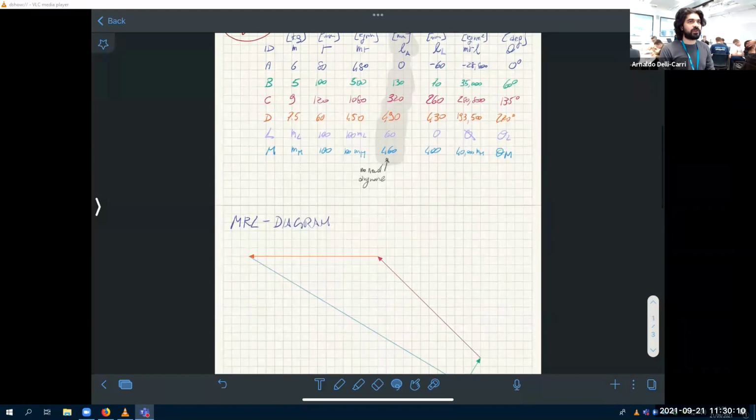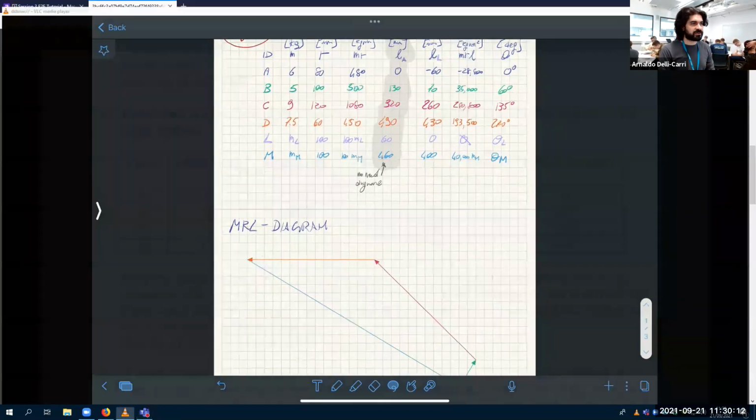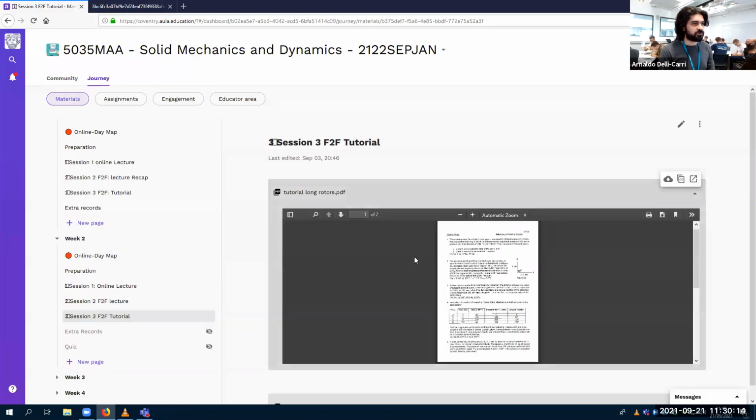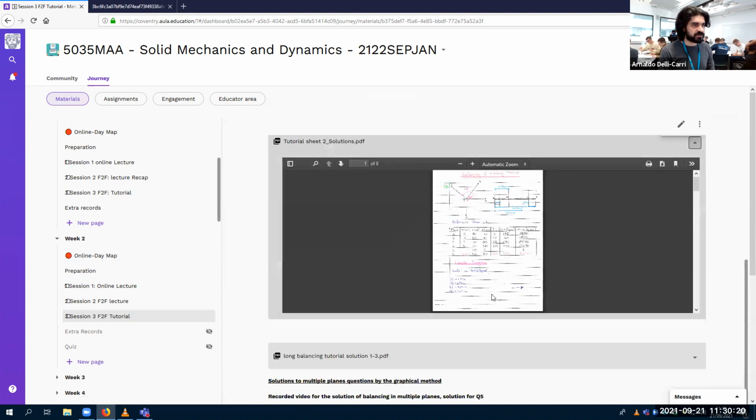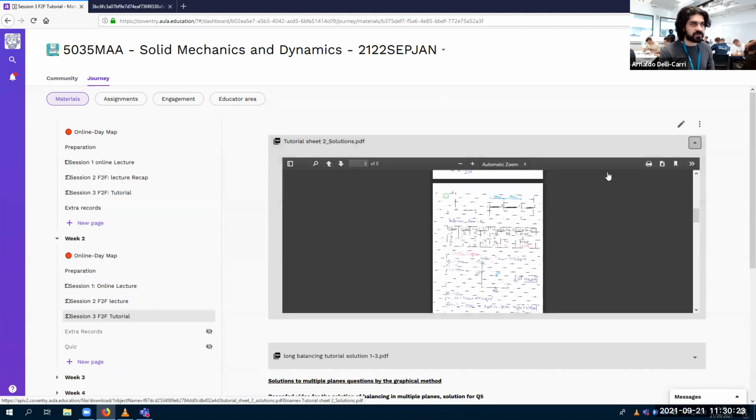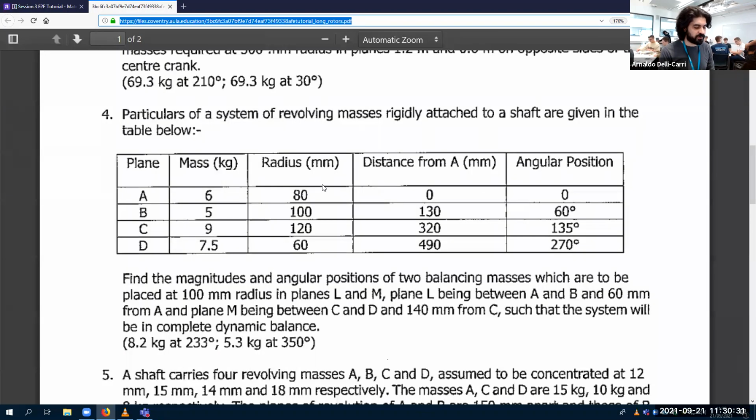So I'll have a look at this solution because I want to make sure that this is the correct shape. So this is question 4, we said. Question 4. Would the vector 270 be pointing down? Ah, you're correct. Yeah, 270 degrees should be pointing down.